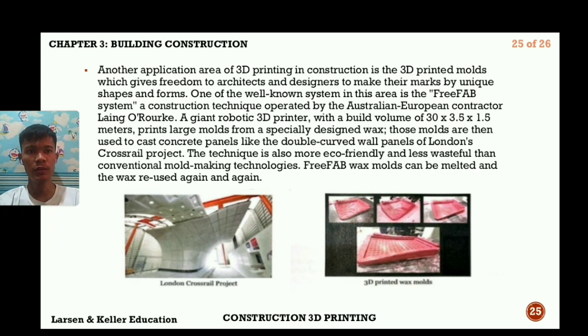It prints large molds from specially designed wax. Those molds are then used to cast concrete panels in the double curved wall panels of London's Crossrail project. The technique is also more eco-friendly and less wasteful than conventional mold making technologies. Freefab wax molds can be melted and the wax reused again and again. The first photo shows London's Crossrail project, while the second photo represents the 3D printed wax models.